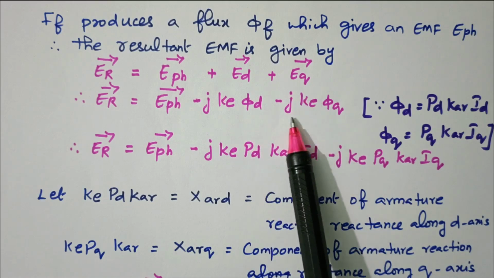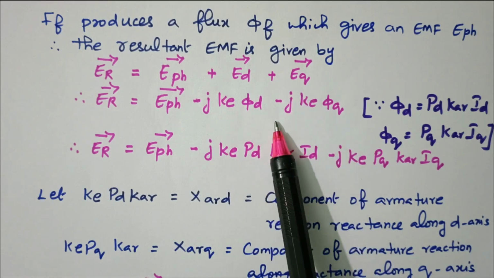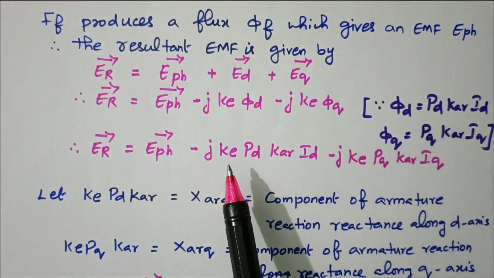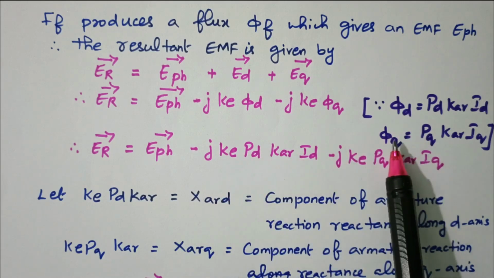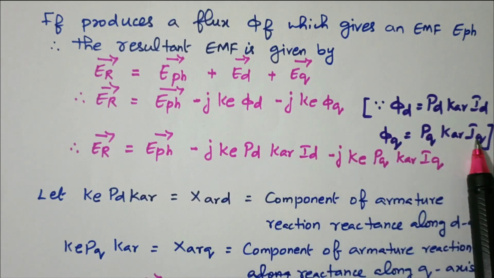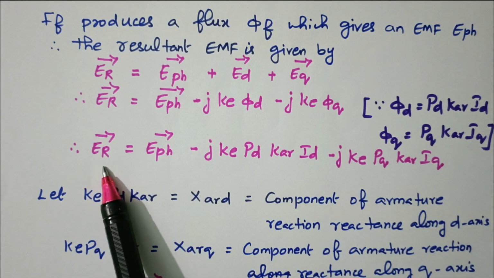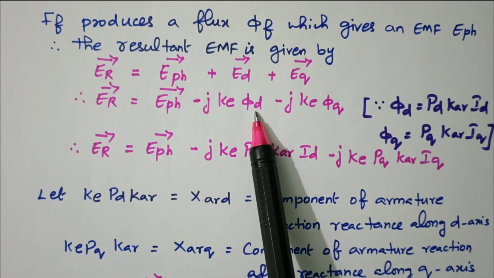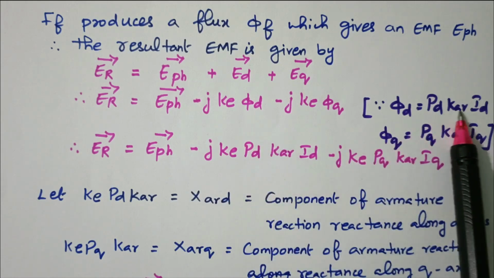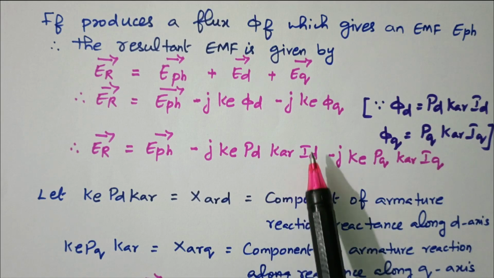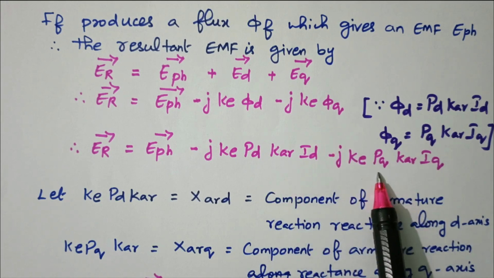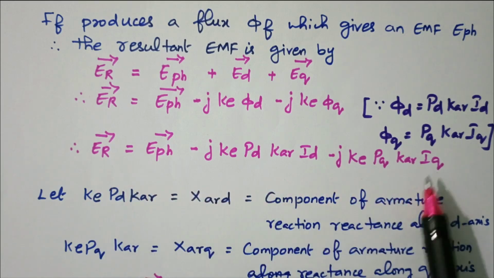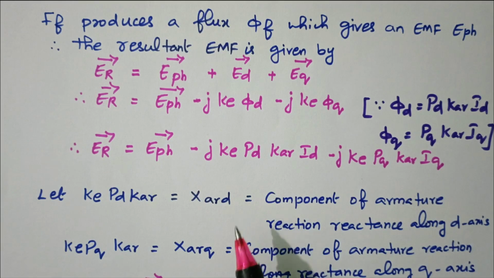Similarly, Eq equals minus j Ke phi q, as we just discussed. This phi d and phi q can be replaced by the earlier expressions. So the resultant emf equals E phase minus j Ke, where phi d is replaced by Pd Kar Id, and similarly phi q is replaced by Pq Kar Iq. So this is the resultant emf.